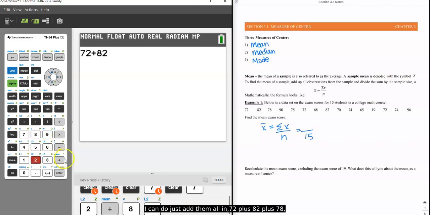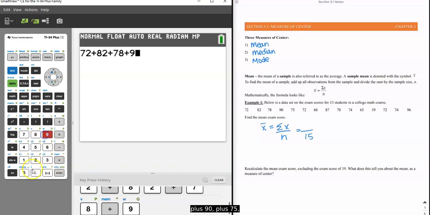72 plus 82 plus 78 plus 90 plus 75 plus 72 plus 68 plus 87 plus 70 plus 74 plus 65 plus 19 plus 72 plus 74 and 96.